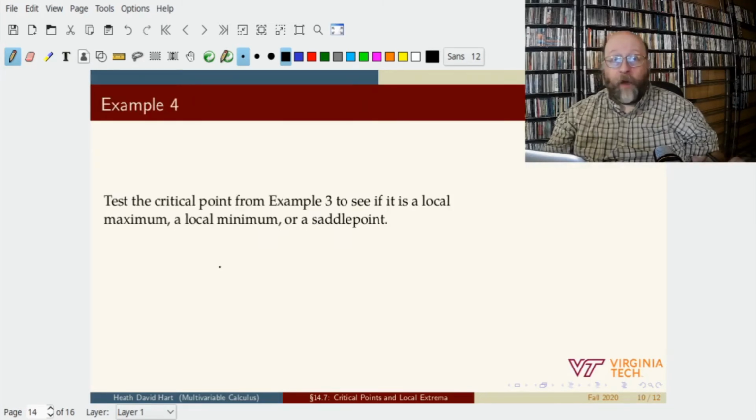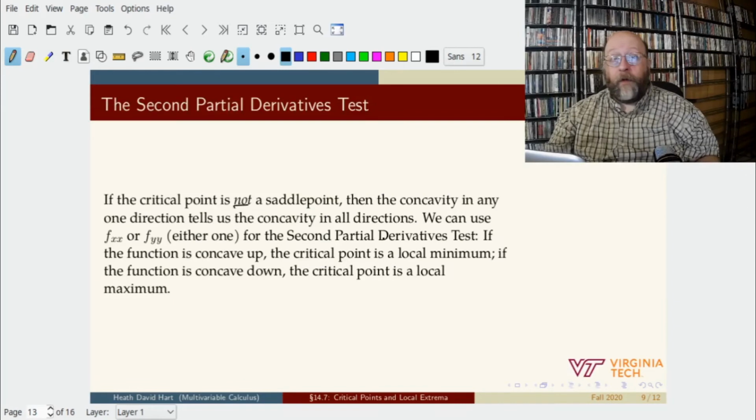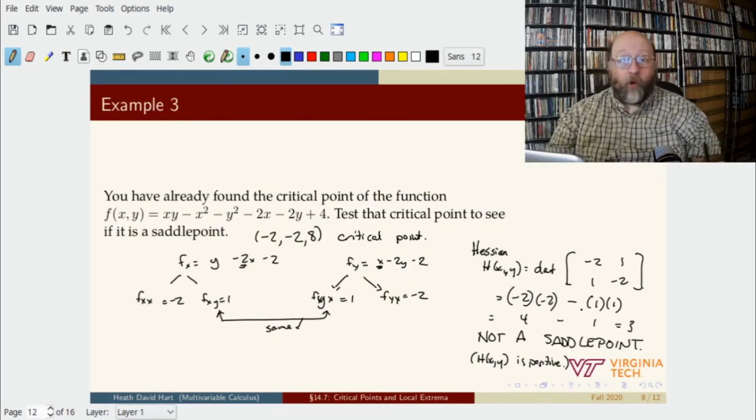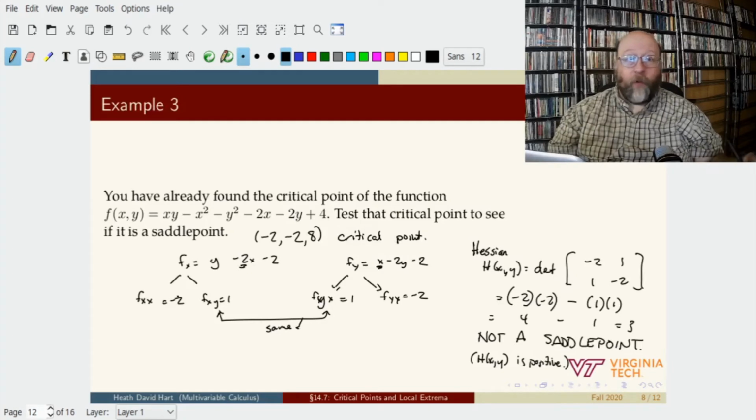And so example 4 says to go back to example 3 and test this critical point to see if it's a local maximum or a local minimum or a saddle point. Well, we can do that now. I'm going to go back to example 3 now. We have already tested and showed that it was not a saddle point.